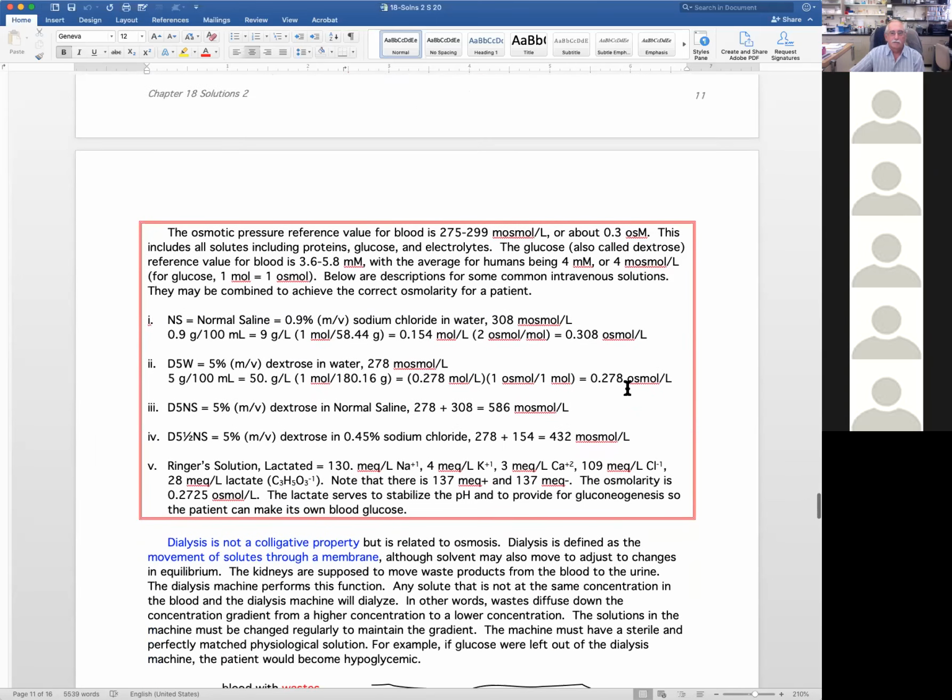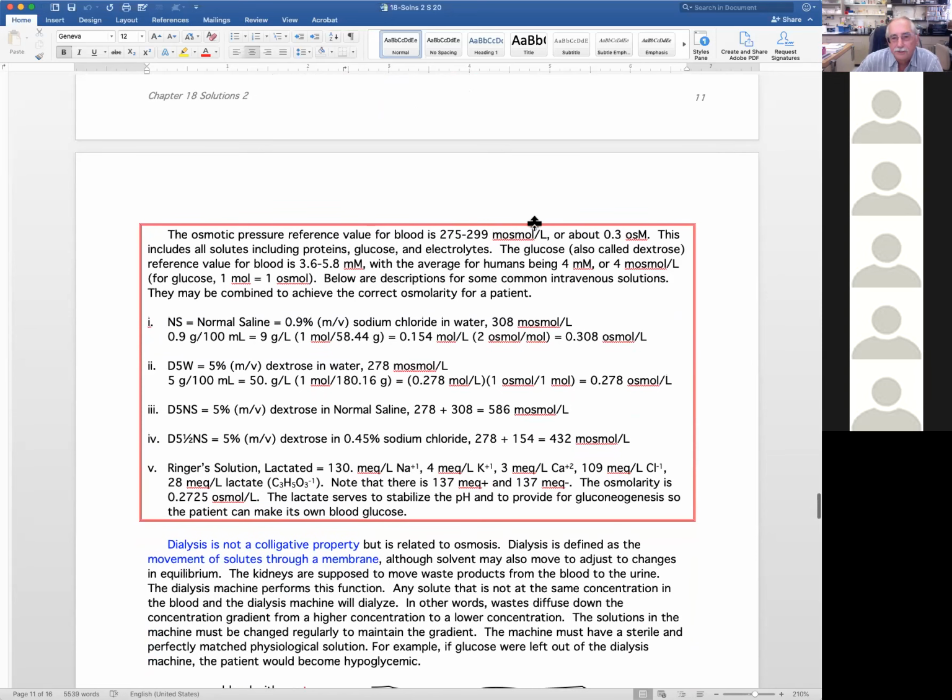So here's some IV solutions that are in common use. So the osmotic reference value is about this. That's where I got the 0.3 from that I put in that picture up there. Here's normal saline. It's about 0.9% sodium chloride in water, which is about 0.3 osmoles per liter.